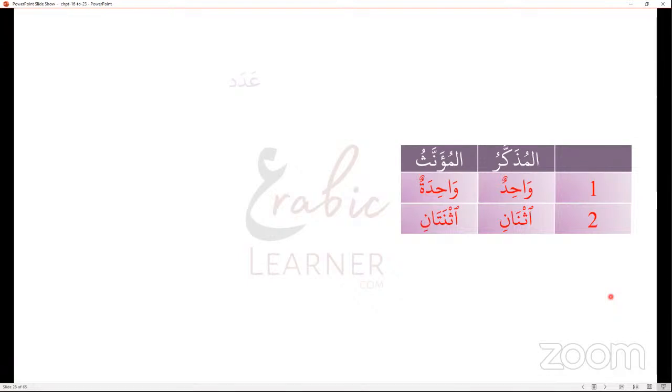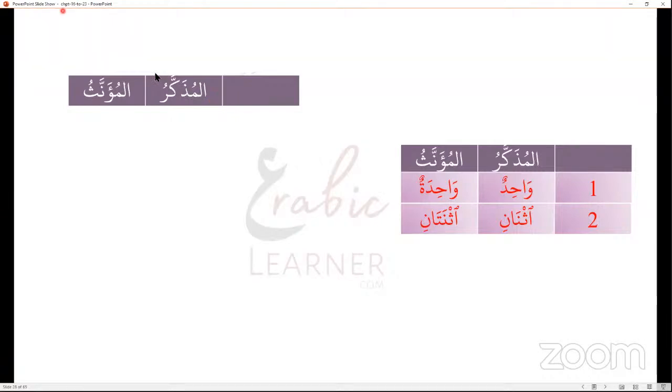Now let's see for 3. What will be the muzakkar of 3? Any guess? Thalathun is muzakkar and thalathatun is muannas. Now 4.